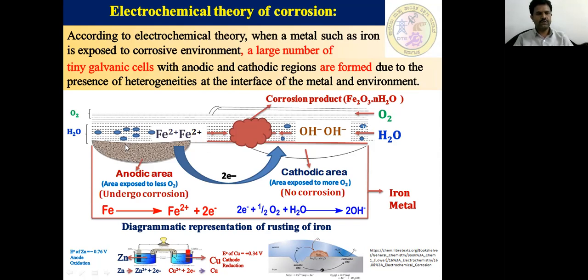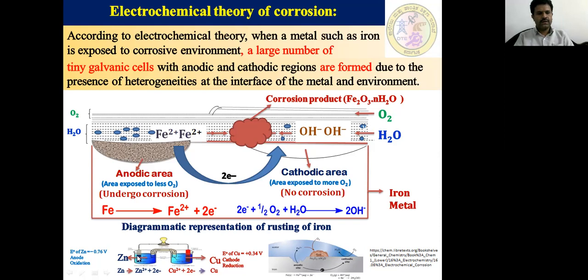Before going to that discussion, a brief about what galvanic cells are. You can see the Daniell cell, which we can consider a galvanic cell. This cell converts chemical energy into electrical energy. It consists of zinc metal immersed in zinc sulfate and copper metal immersed in copper sulfate.